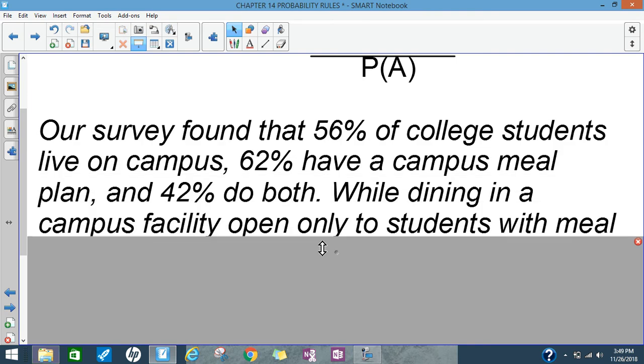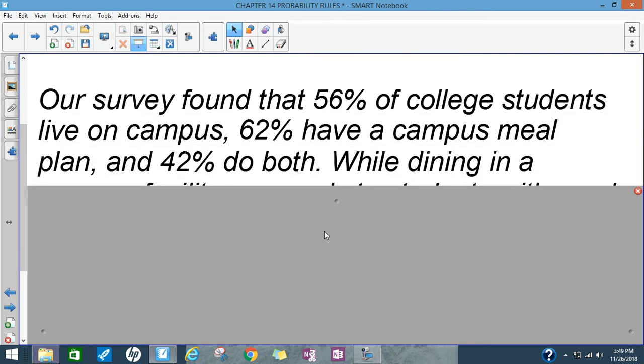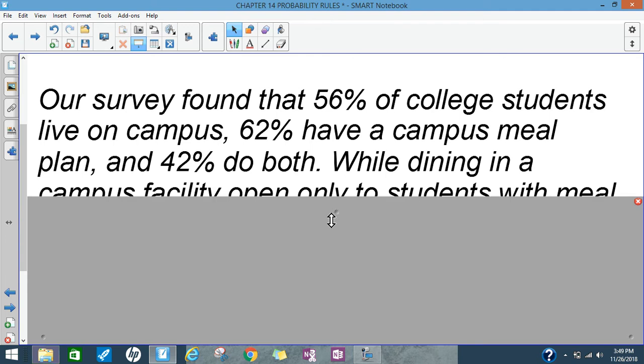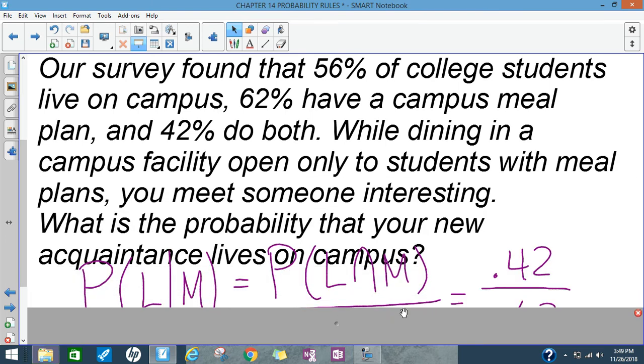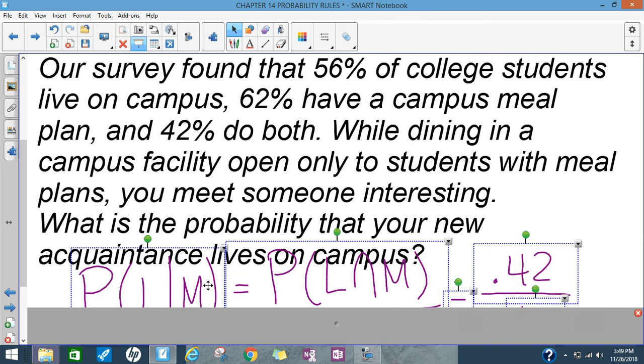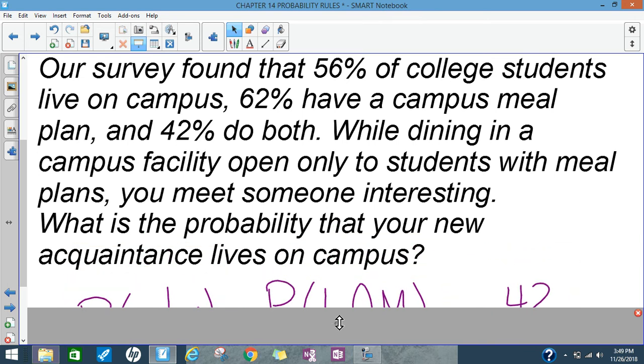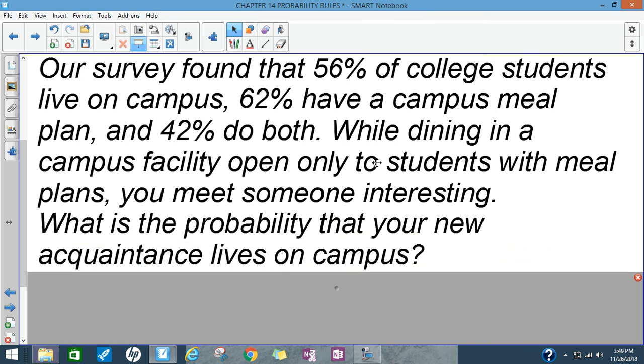So we go back to our college situation. Sorry, when I change computers, the formatting gets bad. So we're in a dining hall on campus that only allows students who have a meal plan to come in.